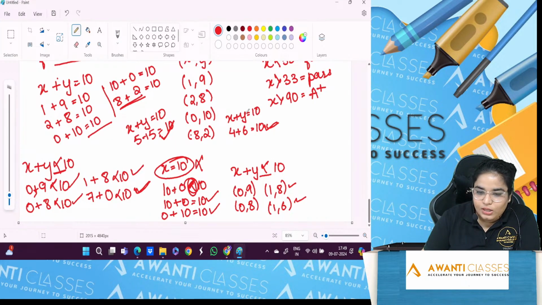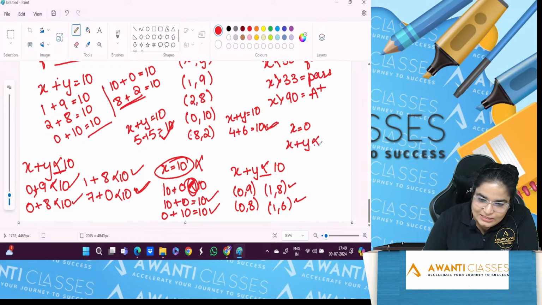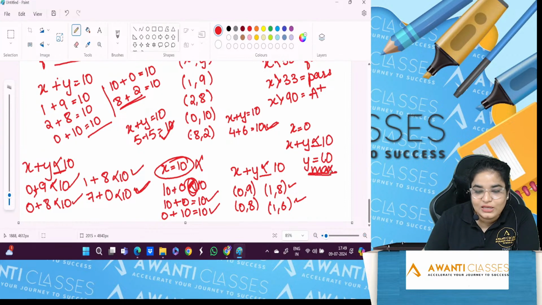Simple. If I take x as 0, then x plus y is less than or equal to 10, y will be maximum 10. Similarly, if I take y as 0, then x will be maximum 10. Correct, no?